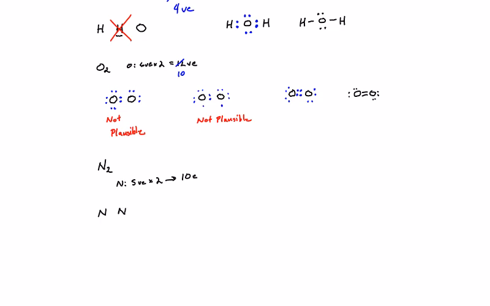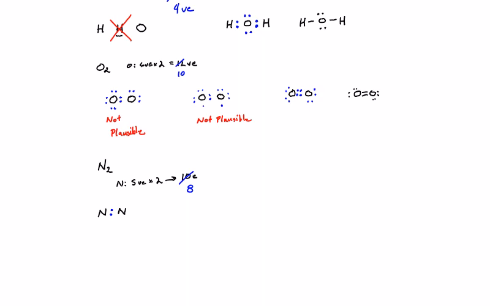Now we know that nitrogen wants to have 3 bonds. We also know that each nitrogen wants to see a total of 8 electrons. We have 10 electrons, and we're going to start off by placing 2 of them, which takes us down to 8.